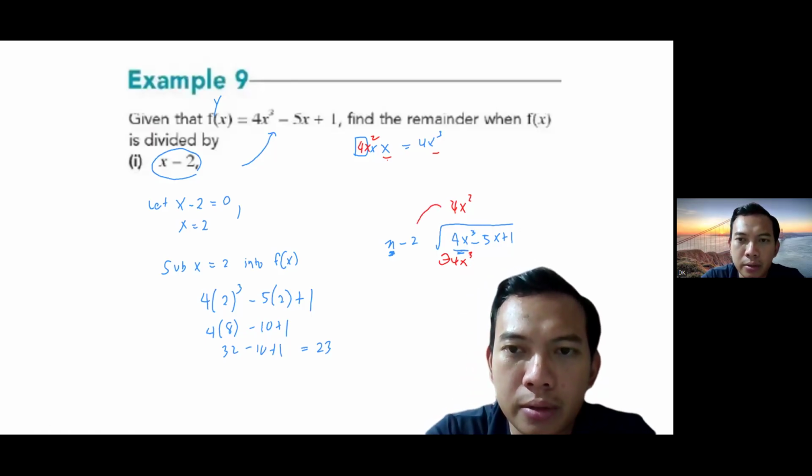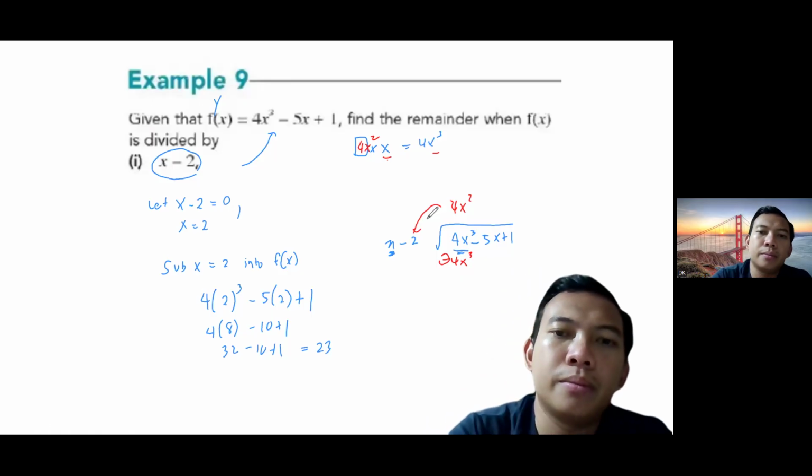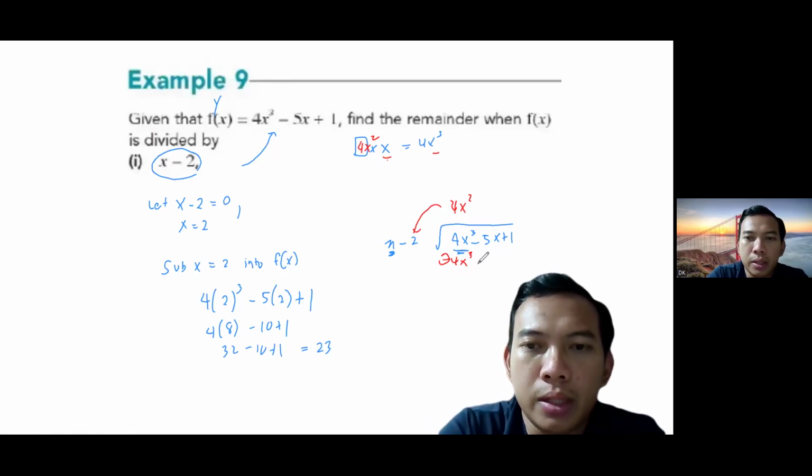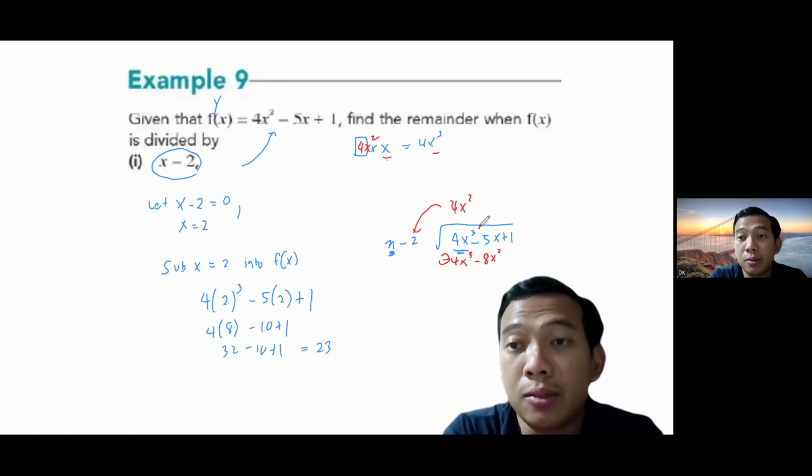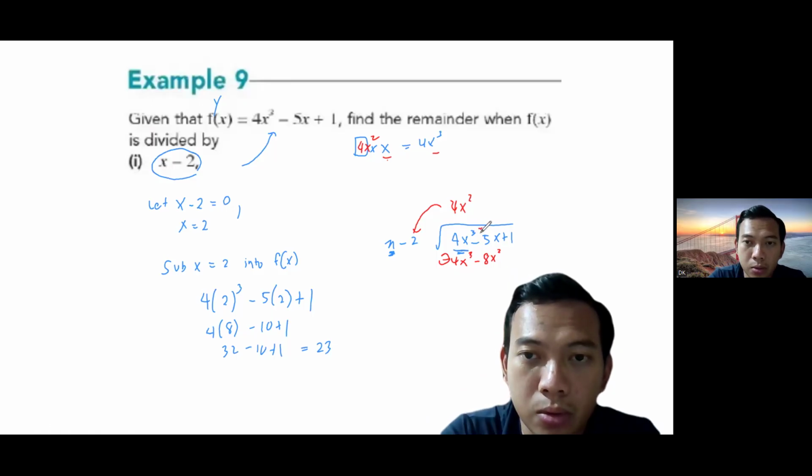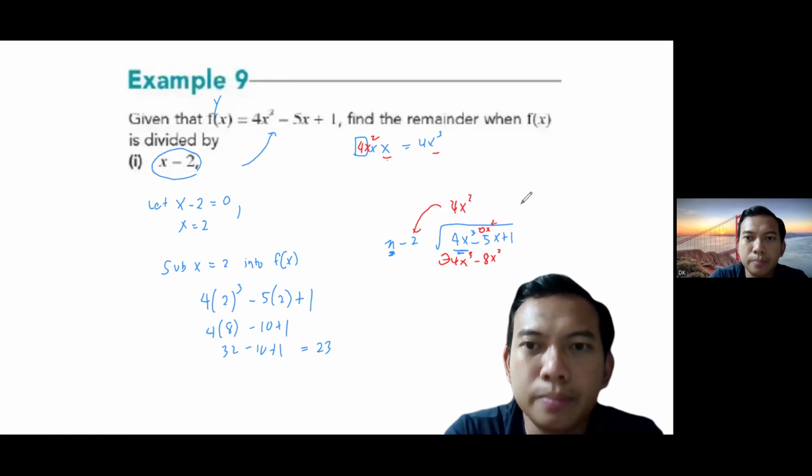Then don't forget we have another one here, minus 2. So 4x squared times minus 2 gives you minus 8x squared. Remember, we do not have an x squared on top here, so it's as good as 0x squared.